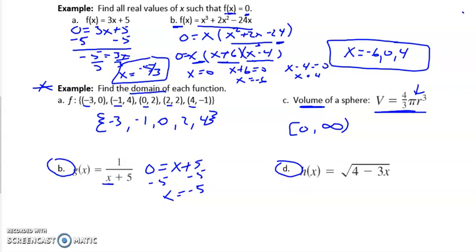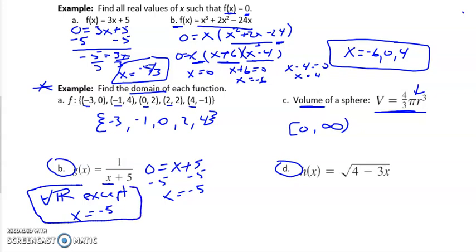So it can't be that number, but it can be any other number. Usually the way I write it is with math notation. The upside down A means all, and the double bar R means real numbers, so all reals except x equals negative 5. It can be any number except for negative 5, because negative 5 makes the denominator 0.